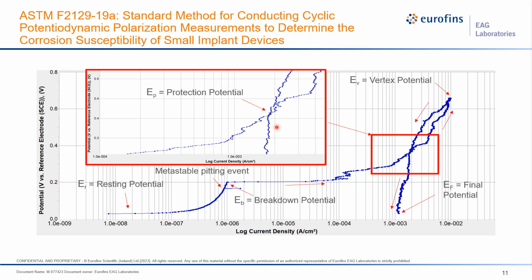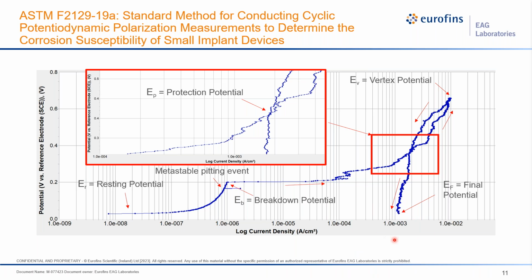Now we see the intersection portion here at a value that is less noble than the breakdown potential. The protection potential here is 0.362 volts. The difference between the protection potential and the breakdown potential display the range in which corrosion damage can occur here. For this scan, the final potential is set to the resting potential, which is 0.037.